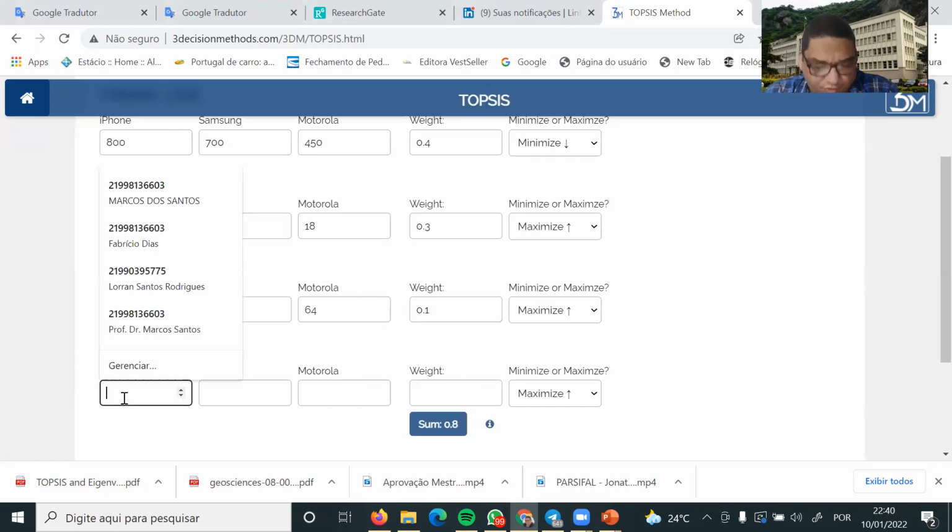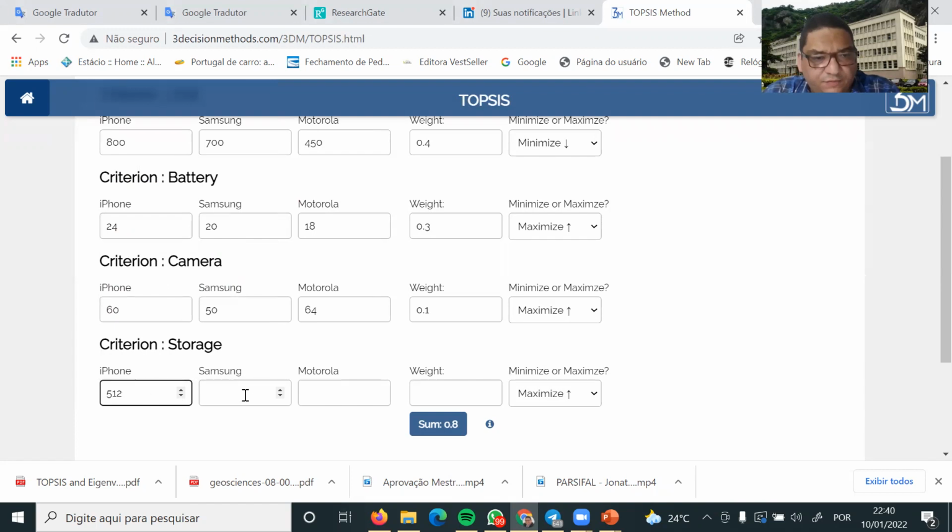And storage. Storage is 512, 256, and 256. And the weight is 20%, 0.2.